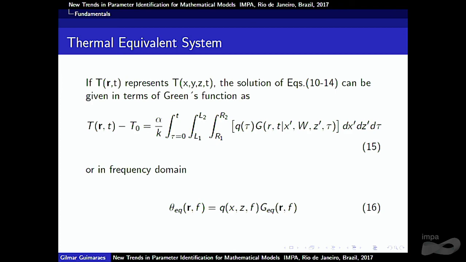The dependence of the Green's function in this case is in the t minus tau.